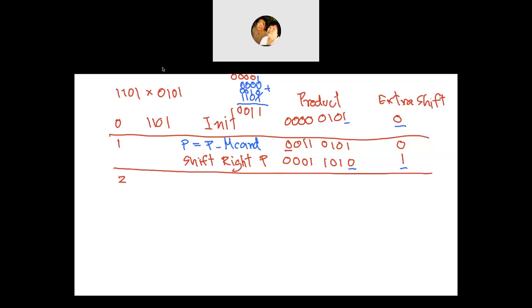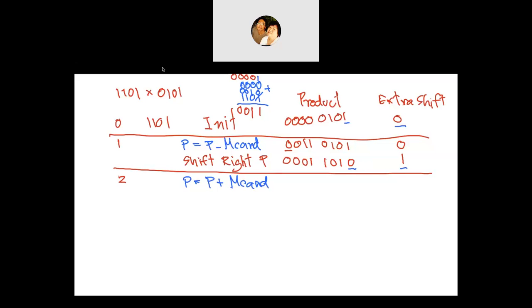We update the product by adding the product with the multiplicand, right? Because the product 0 and the extra shift are 0, 1. So we have to update the product by adding it with the multiplicand.